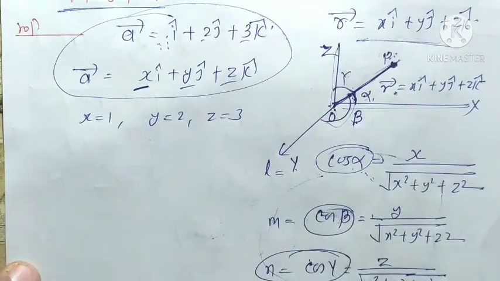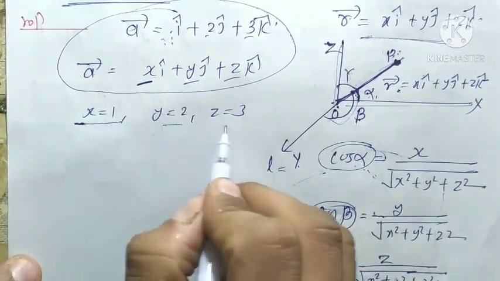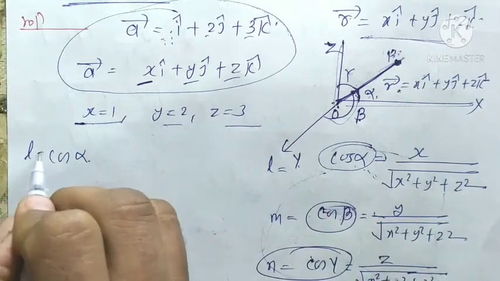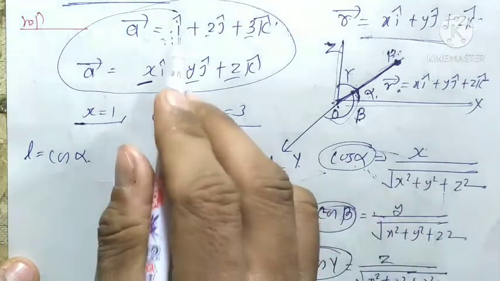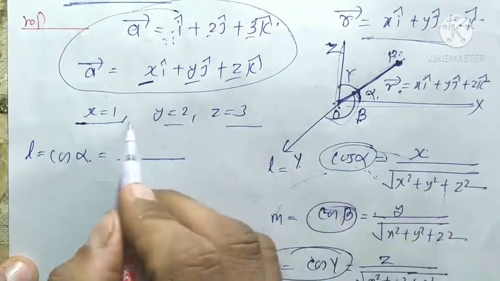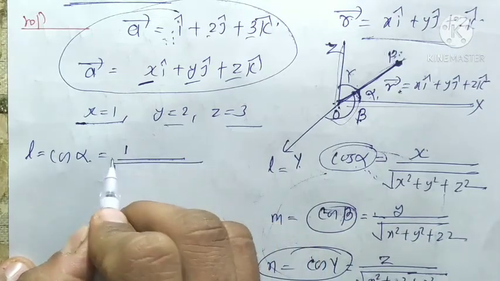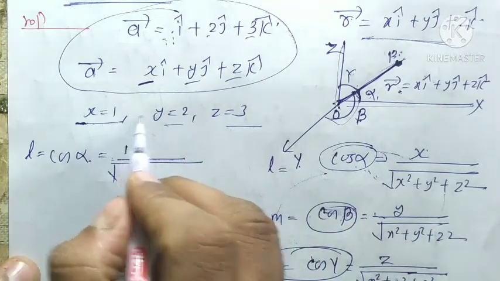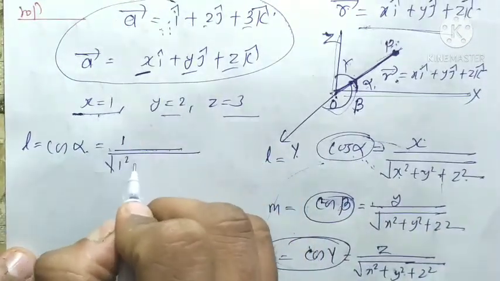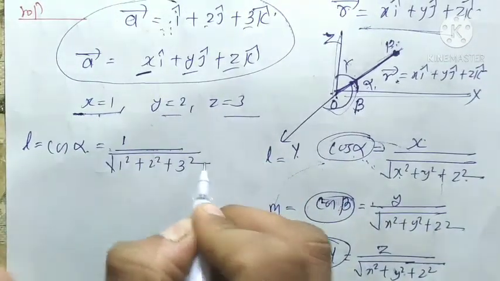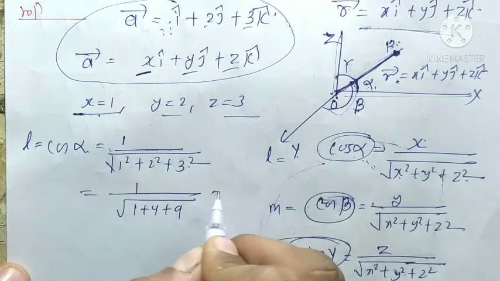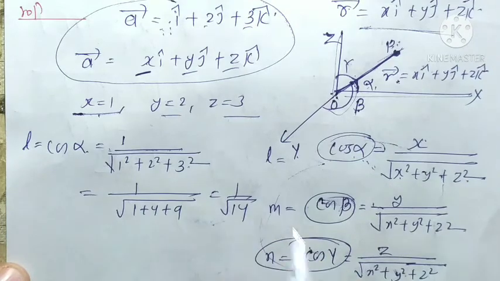So cos alpha, which we call l, is 1 upon the square root of x square plus y square plus z square. 1 square is 1, 2 square is 4, 3 square is 9, so finally 14.